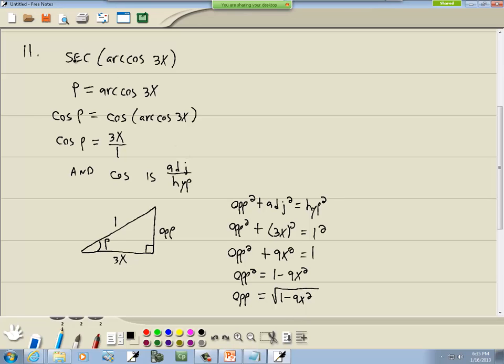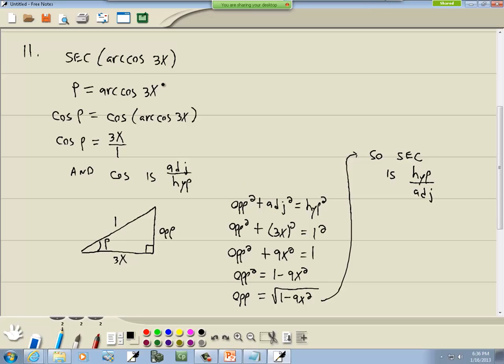Now let's look at the outer trig function, secant. Now cosine is adjacent over hypotenuse, so secant is hypotenuse over adjacent. And as weird as it seems, we didn't actually need opposite on this, but typically your guideline is you find your opposite, adjacent, hypotenuse, and use your formulas.